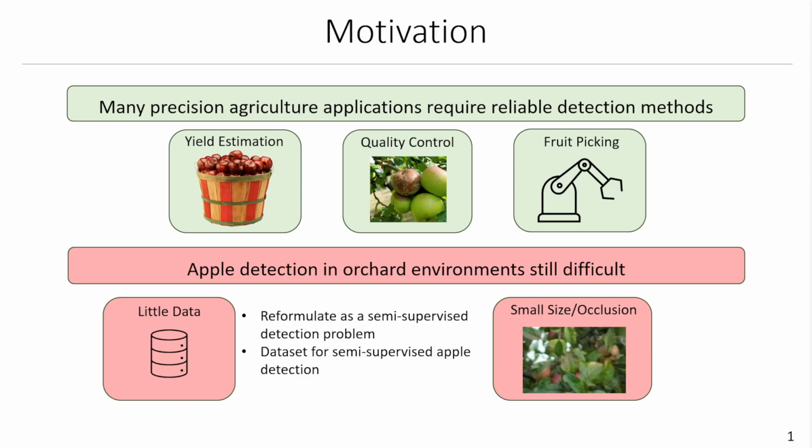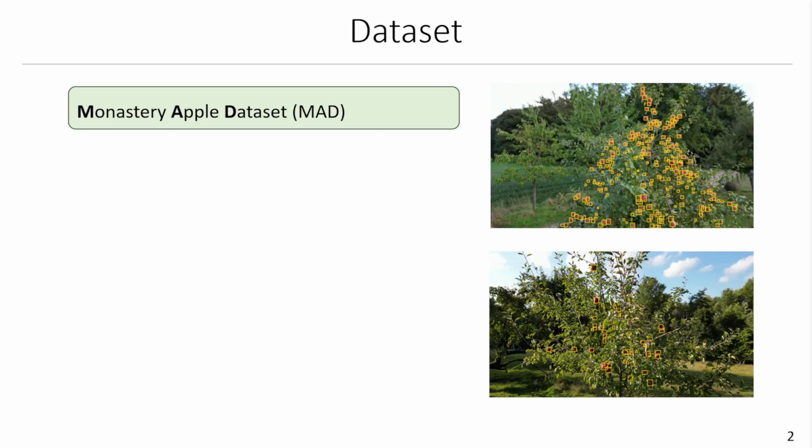In this work, we address the lack of large-scale datasets by approaching the problem from a semi-supervised perspective, which decreases our reliance on labeled data, and by collecting a high-resolution dataset that fits the semi-supervised formulation. To better deal with the object size and occlusion, we utilize attention-based selective tiling, which lets us increase the object resolution in the feature map without needing vast computational resources.